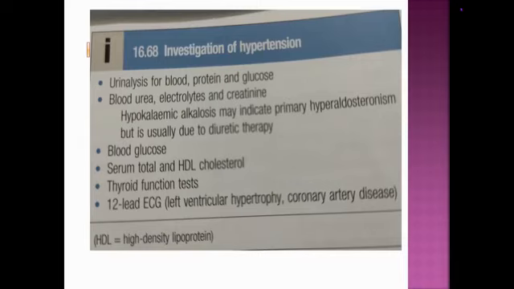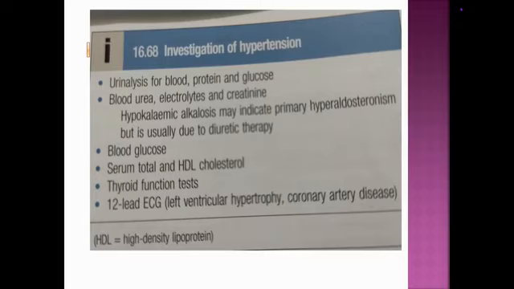Thyroid function test is usually done in all patients with hypertension because, among the endocrine secondary causes of hypertension, thyroid is the most common. So serum free T3, free T4, and serum thyroid stimulating hormone. 12 lead ECG.